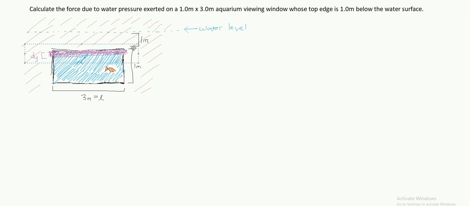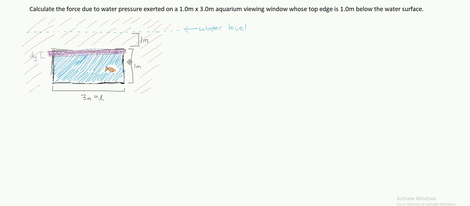Well, I know that it's due to exactly 1 meter's worth of water sitting on top of it. As I move my imaginary subdivision of this glass all the way down to the bottom, the force on this differential area is due to a whole 2 meters of water bearing down on it.